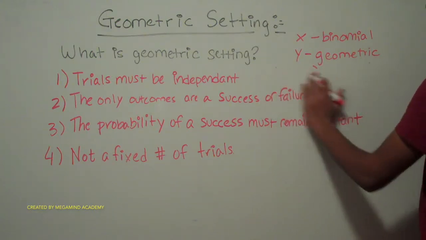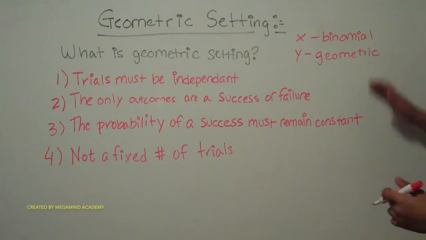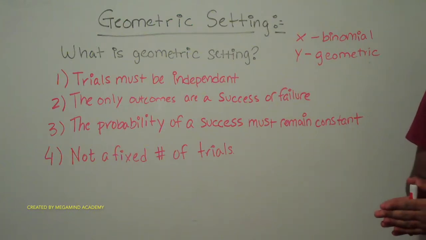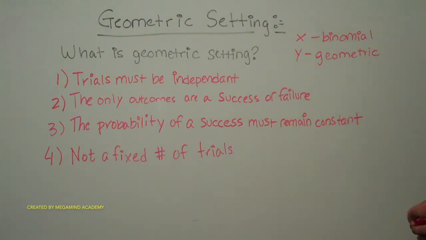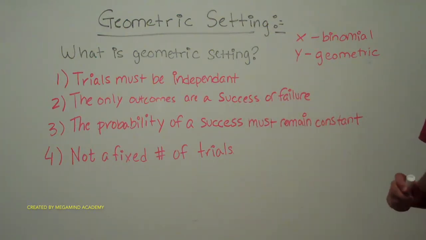Okay, so now that we got that cleared out of the way, here we have our geometric setting. The first condition is that the trials must be independent. That means that the outcome of one trial must not affect the outcome of the other trial. Two, the only outcomes are success or failure. Basically, we're just stating here that there are only two outcomes, and they're the complement of each other. Three, the probability of a success must remain constant.